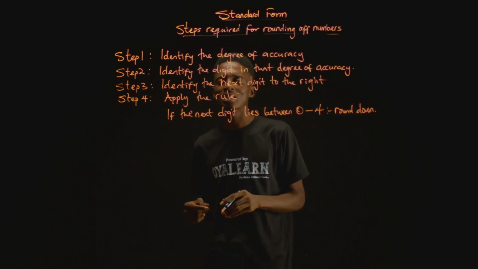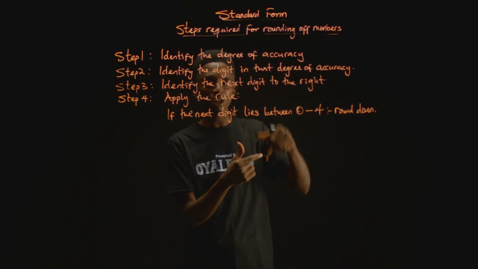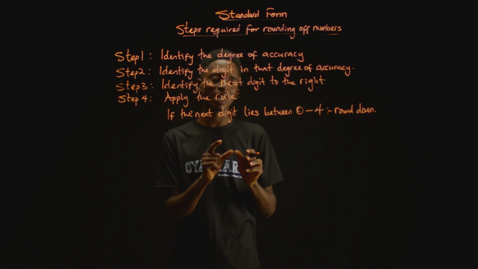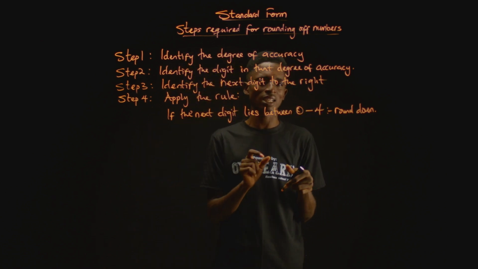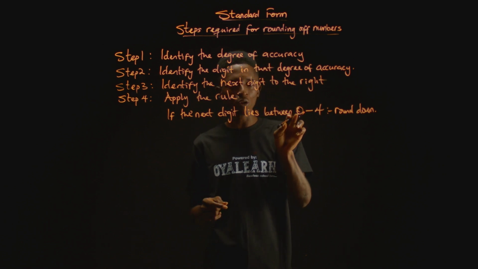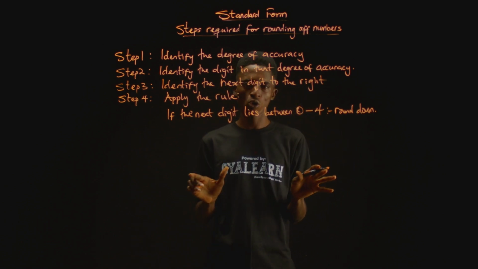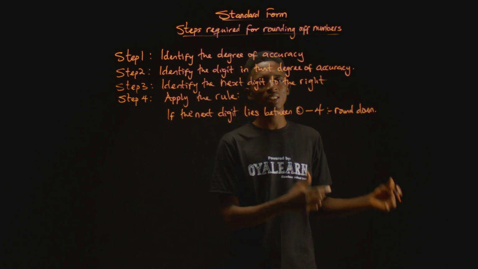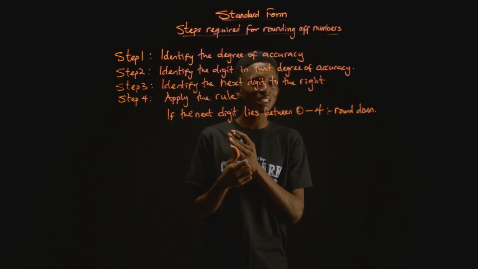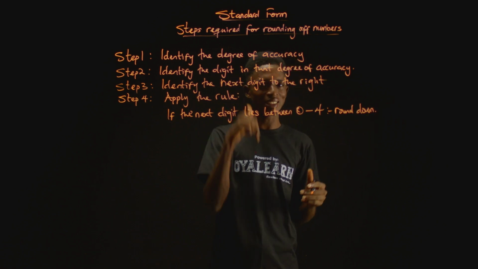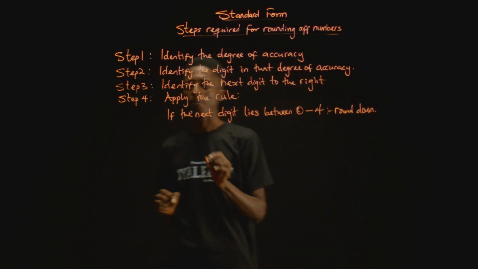Now, what this means is this. If the digit at the degree of accuracy, once I've identified that, and then I look at the next digit after it, if that digit should be 0, 1, 2, 3, or 4, what I do is I round such digits down, meaning every digit becomes 0 after my degree of accuracy.